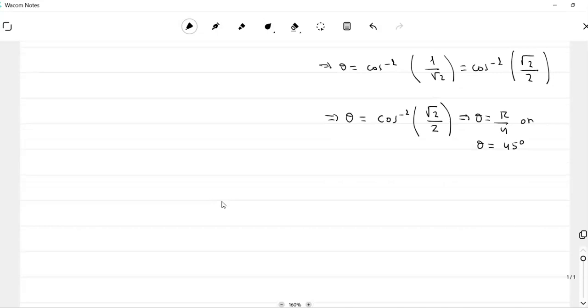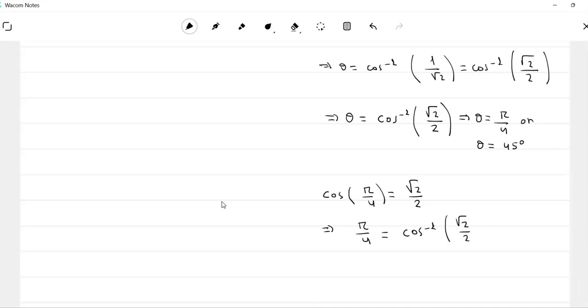Why? Because cosine of pi over 4 is square root of 2 over 2. So if I take the inverse function, pi over 4 is arc cos of square root of 2 over 2.